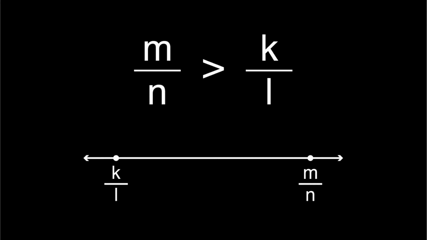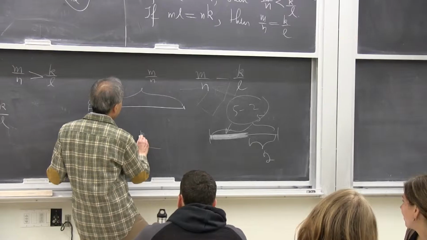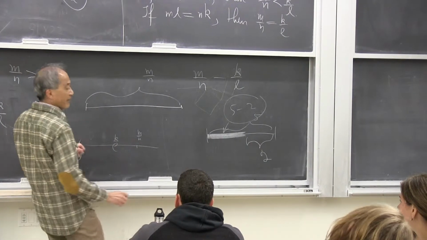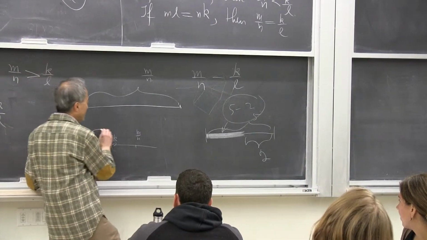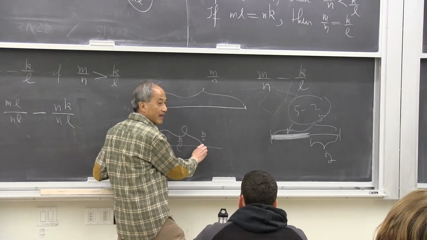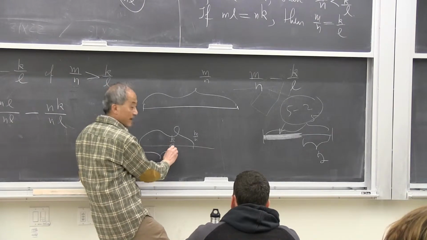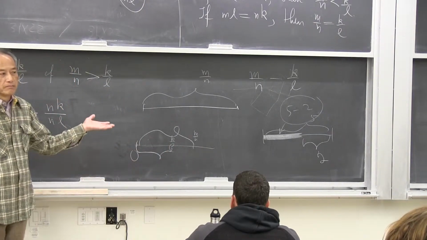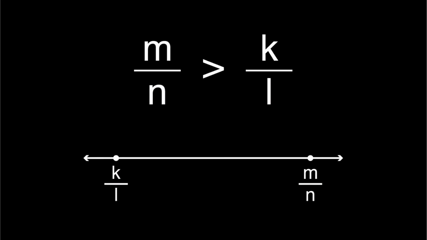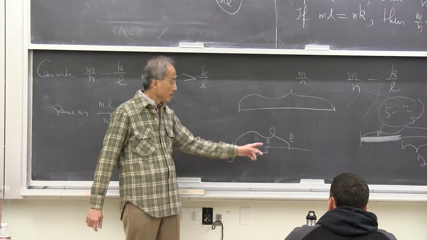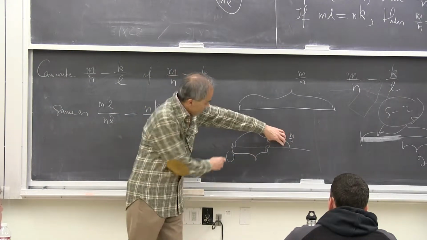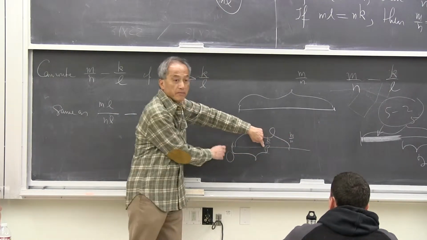So K over L is smaller and M over N is bigger. Therefore the segment of length M over N, compared to the segment of length K over L, is longer. Of course, right? So you draw a picture, you can see it. This is to the right, therefore this segment is longer than this segment.